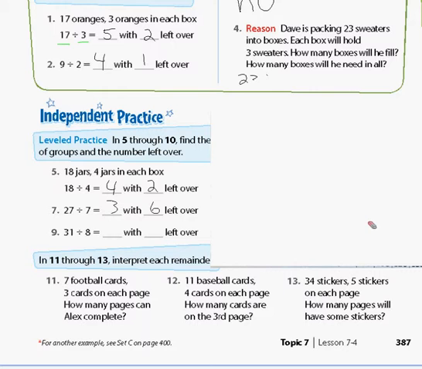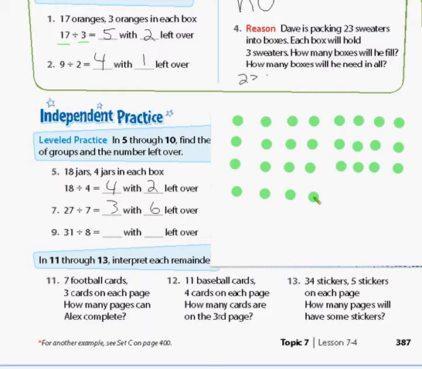Okay, problem number 9. 31 divided by 8. So, 1, 2, 3, 4, 5, 6, 7, 8, 9, 10, 11, 12, 13, 14, 15, 16, 17, 18, 19, 20, 21, 22, 23, 24, 25, 26, 27, 28, 29, 30, 31.